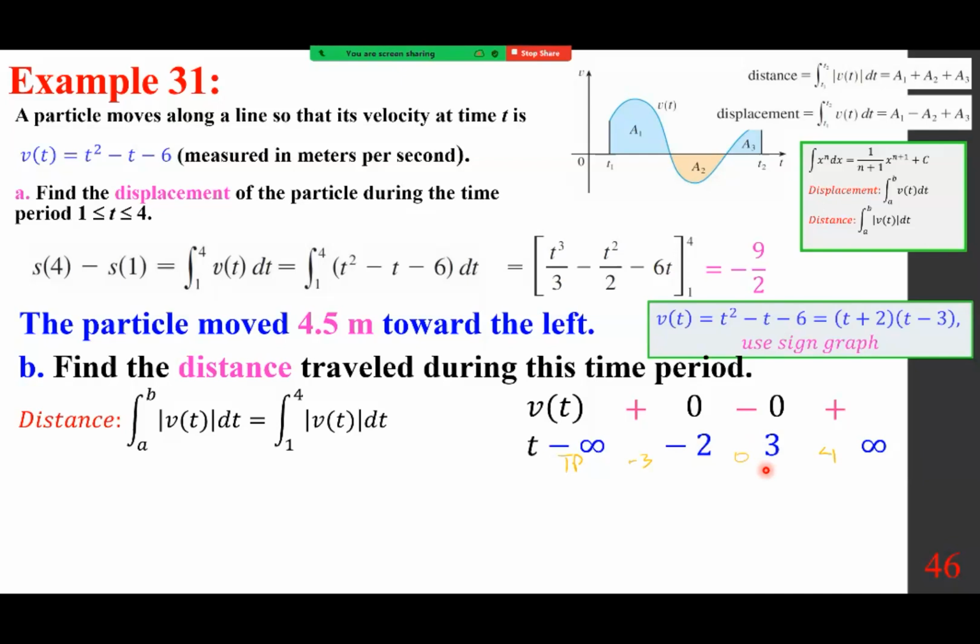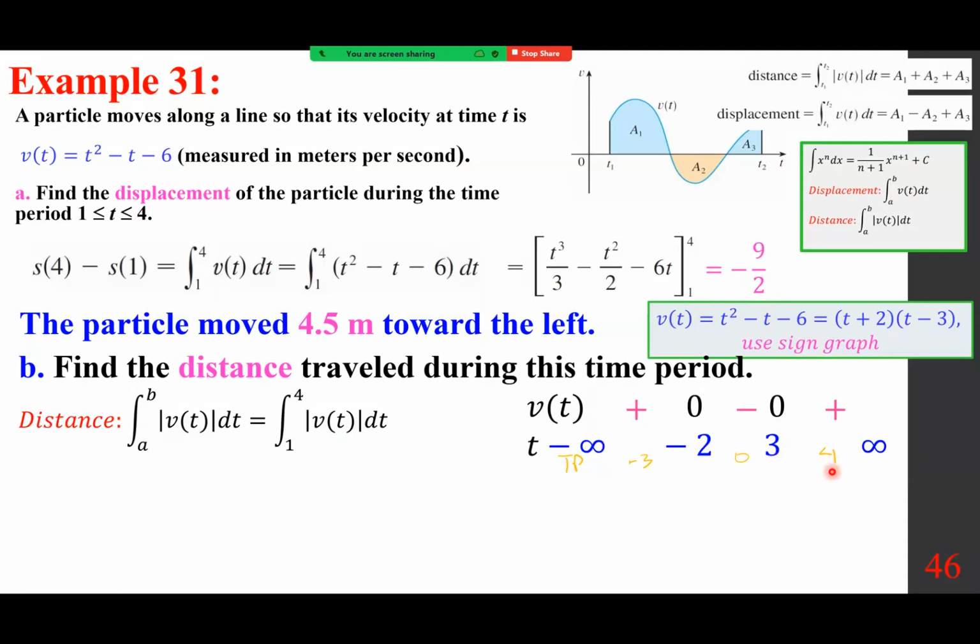and it's negative between negative 2 and 3. Now, when I go back to the interval of 1 to 4, and I see that before 3 is negative, so from 1 to 3, I'm going to use the negative of this because this is the absolute value.